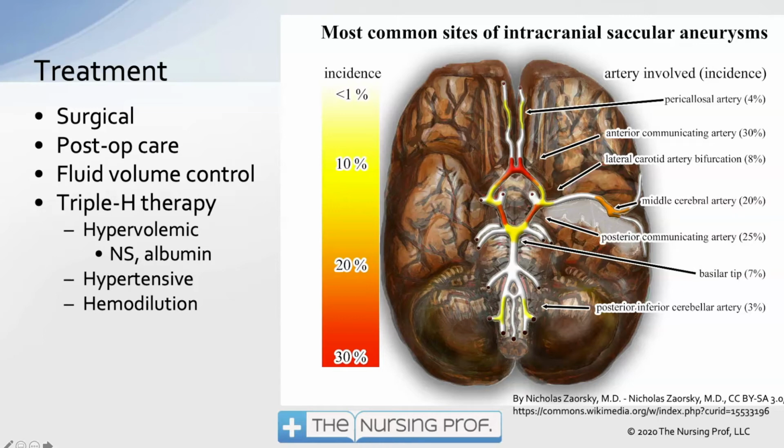With Triple H therapy, we want enough pressure up in the vasculature that it's going to continue to perfuse the brain, assuming this patient's aneurysm has already burst and there's either some blood up there or some additional pressure from swelling. So we want to make sure there's enough pressure in the vasculature to create perfusion.